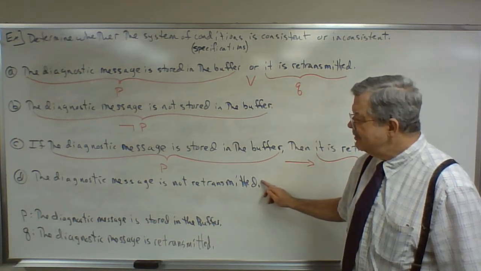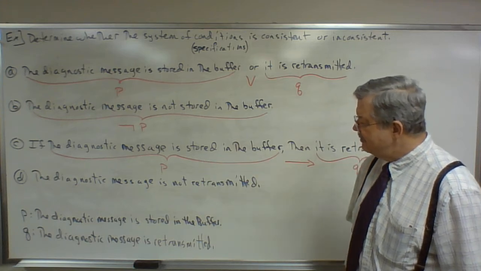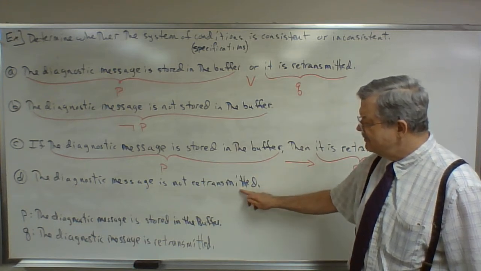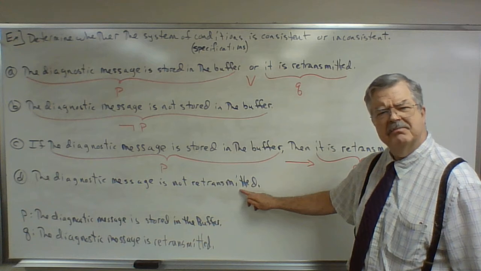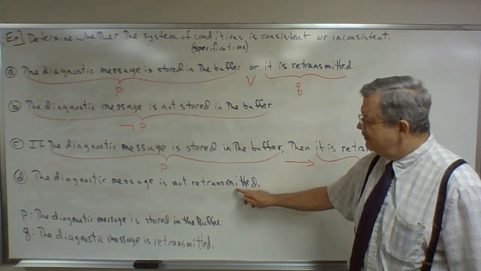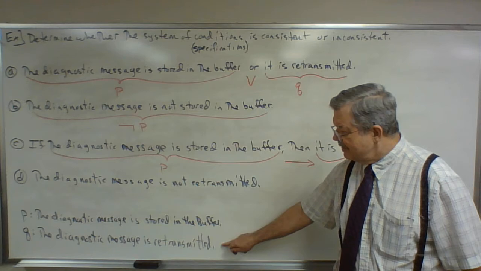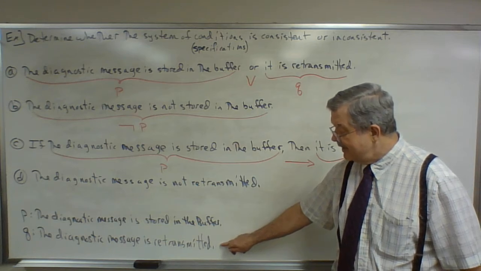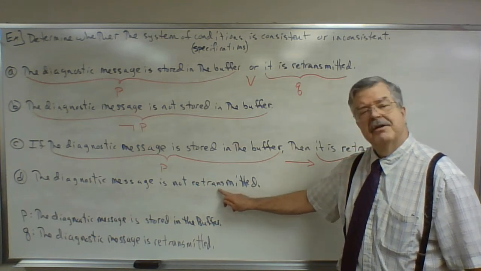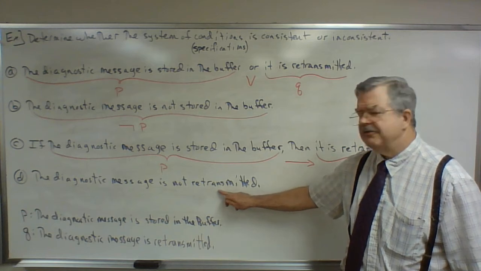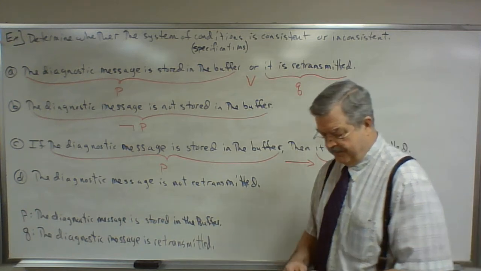The diagnostic message is not retransmitted. Is that new? Isn't this just the negation of Q? The diagnostic message is retransmitted. So nothing new here. This is just the negation of Q.